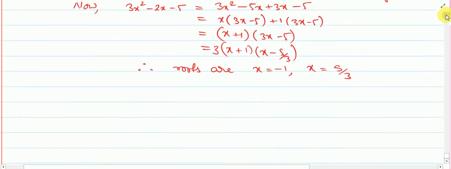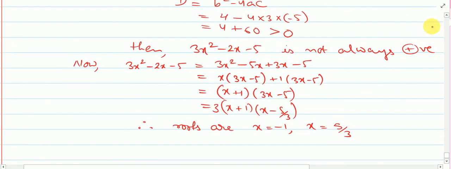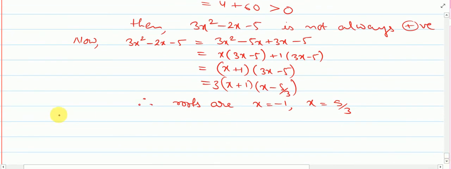So once we have got the roots, now we can proceed to find the values of x for which the inequality will hold. Now we will copy that inequality.